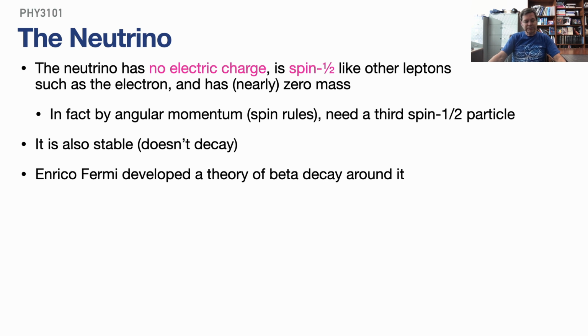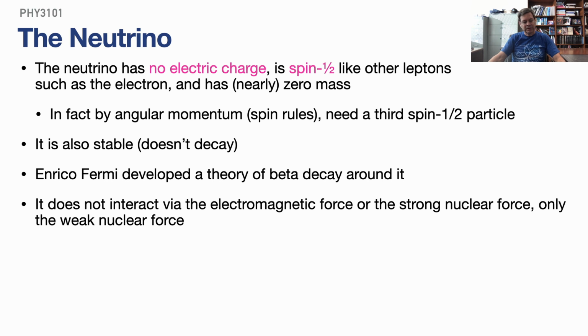And Enrico Fermi, the physicist who coined the term neutrino, developed a theory of beta decay around this, basically a theory of the weak nuclear force. So this neutrino, since it has no electric charge, does not interact via the electromagnetic force. It's like the electron, so it's a lepton. It doesn't interact with the strong nuclear force. So what's left?